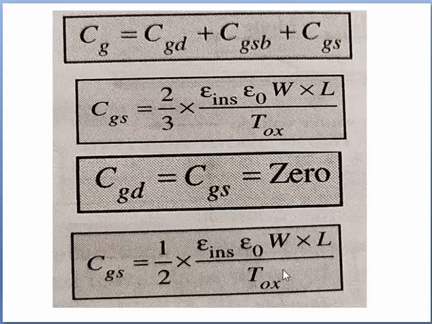So this is all about the estimation of capacitance, where we discussed the three modes of operation: accumulation mode, depletion mode, and inversion mode. And this is the MOS device capacitance in various regions: non-saturation region, cutoff region, and saturated region.